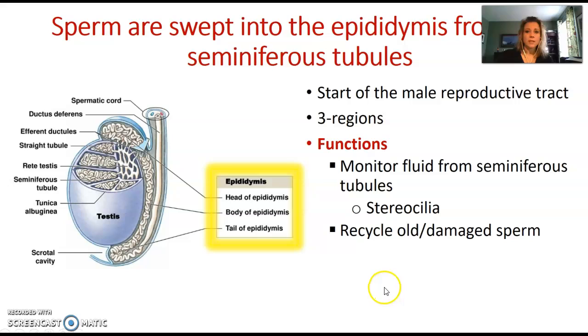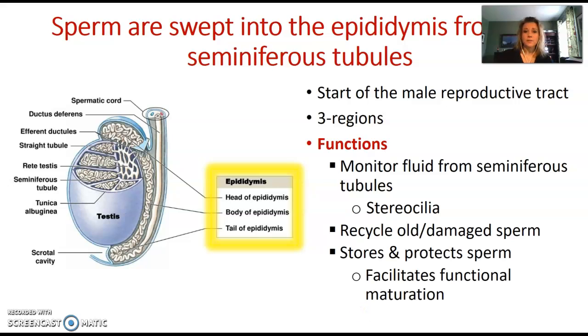It's also going to recycle old and damaged sperm so that the ones that are ejaculated are complete, are functional, and their genetic material is intact. So this is going to be the storage place for sperm, and they're also going to be protected by living at the right temperature, by ensuring that they are not damaged by infection, for instance.